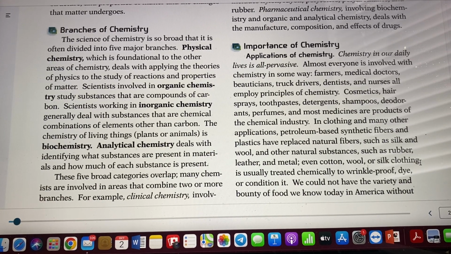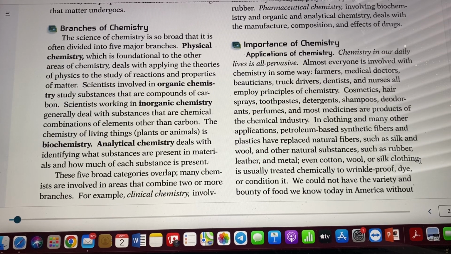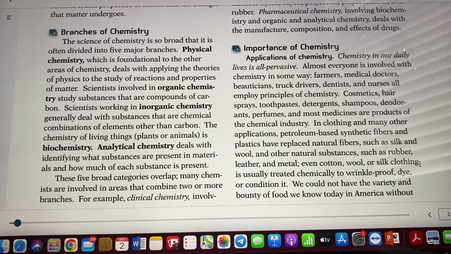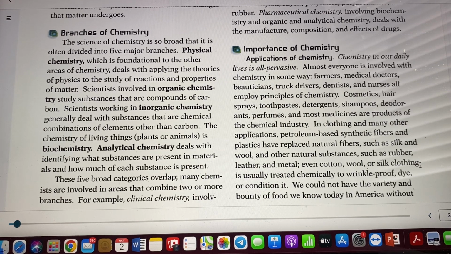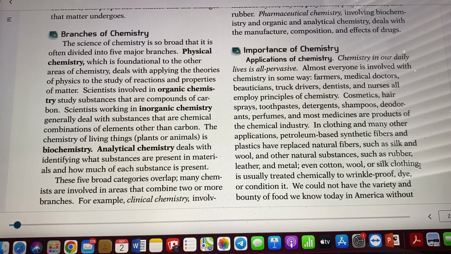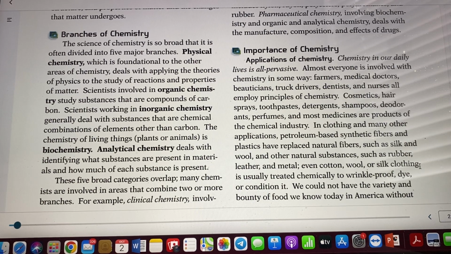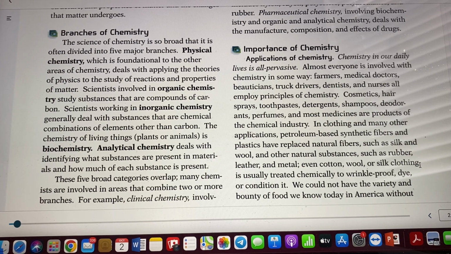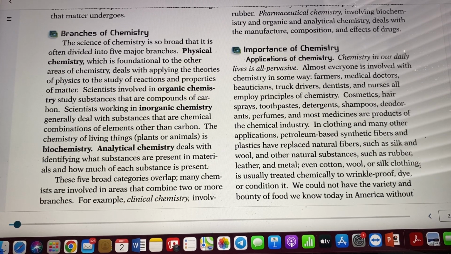Biochemistry. What is biochemistry? Biochemistry actually is the chemistry of living things. Bio means living, as in plants or animals. Like biology, biochemistry has to do with living things. Analytical chemistry deals with identifying what substances are present in materials, and how much of the substances are present in certain materials.